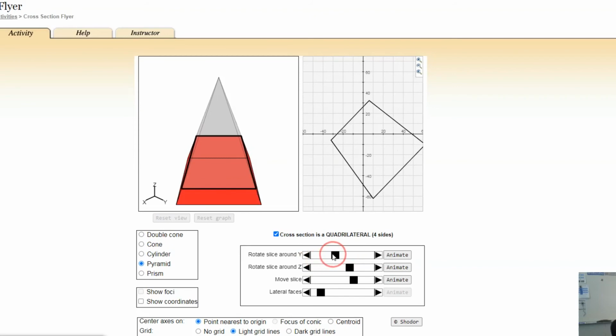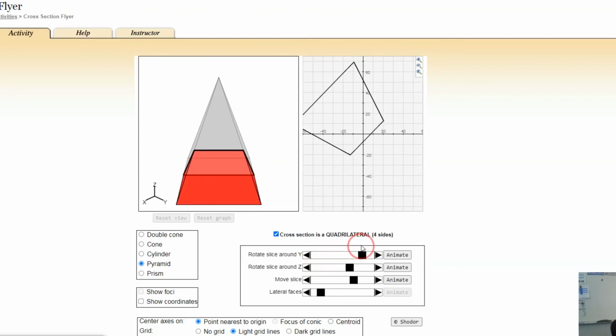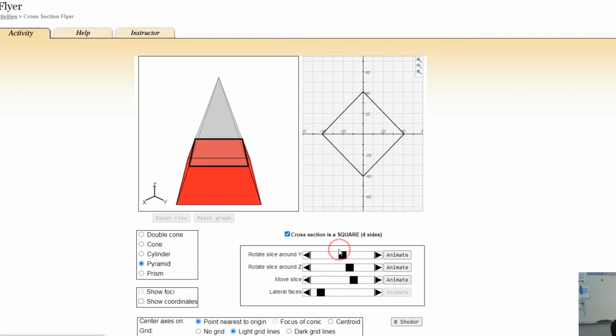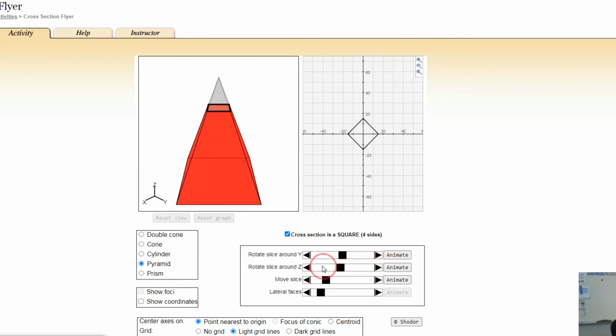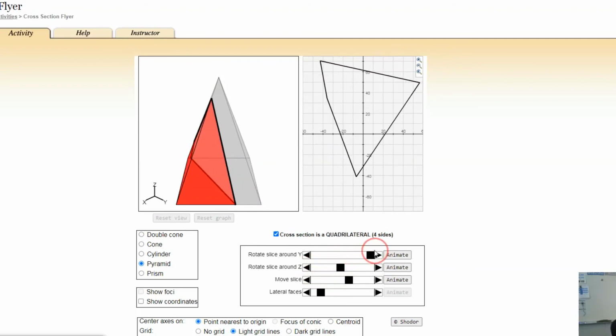So we got a lot of quadrilaterals, lots and lots of trapezoids. Oh, that looks pretty square. I finally did it. That is a completely parallel slice. I've got my square. Let's take that and go completely perpendicular.